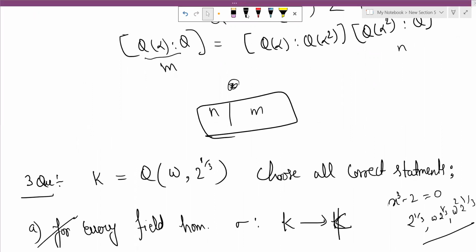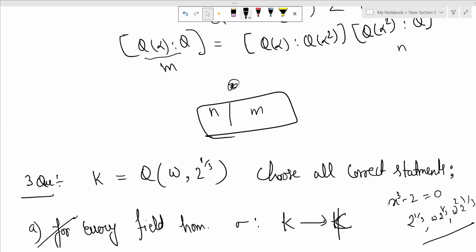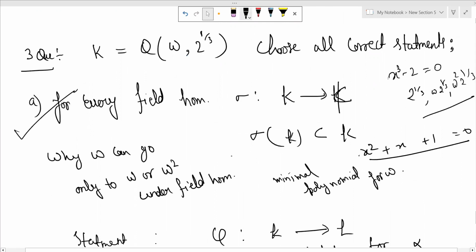Is this clear or not? This statement is true: for every field homomorphism from K to C, sigma of K should be contained in K. Is this fine? Do you have any doubt? Otherwise, I can write the explanation explicitly also, but if you are clear, there is no need to write it.